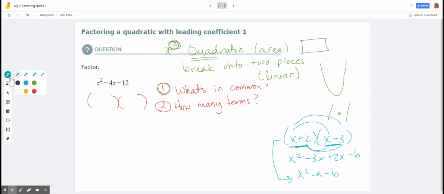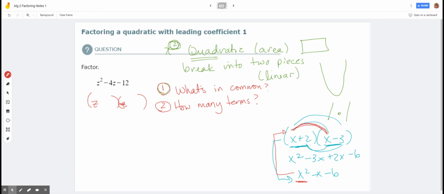Now we're trying to do backwards. This is what we're trying to learn how to do today. And actually, it should be a repeat. Hope to God it is. So you say to yourself, what two things multiply together to get z squared? The answer is z and z. Because the first term comes from the first two multiplying by each other.